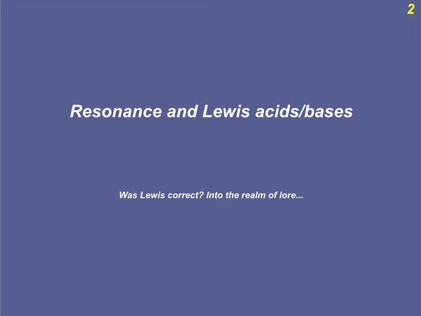But we're going to spend a lot of time in this course using resonance as a tool to understand chemistry. And it turns out that most chemical reactions in organic chemistry can be classified or viewed as a Lewis acid base reaction.